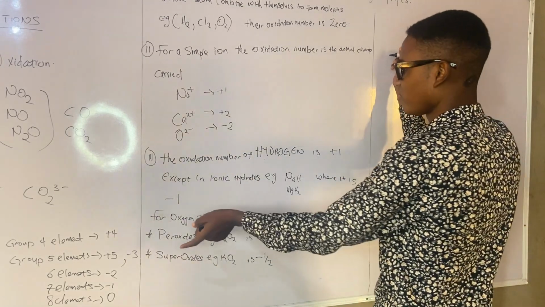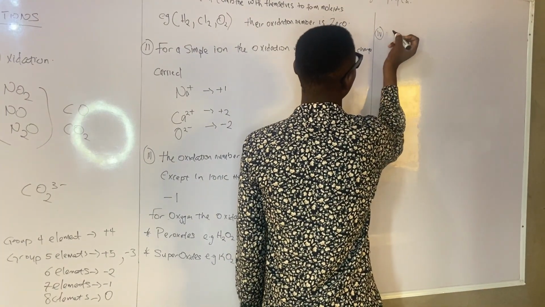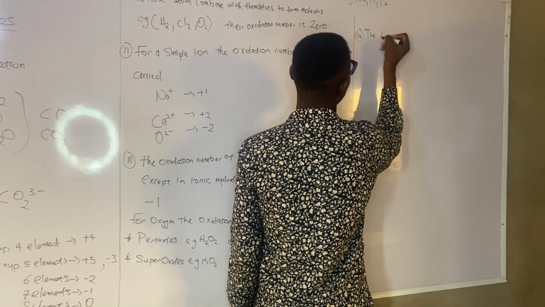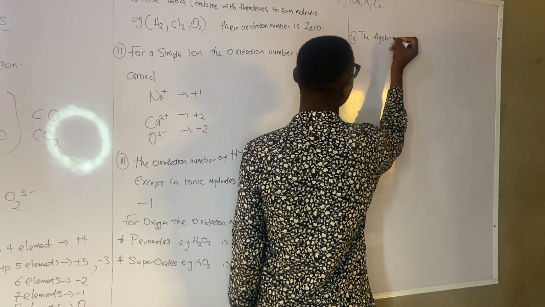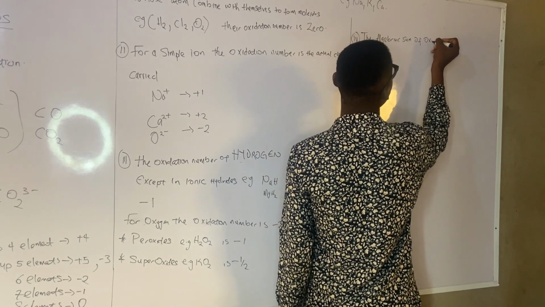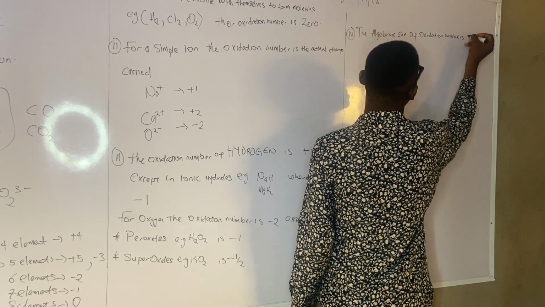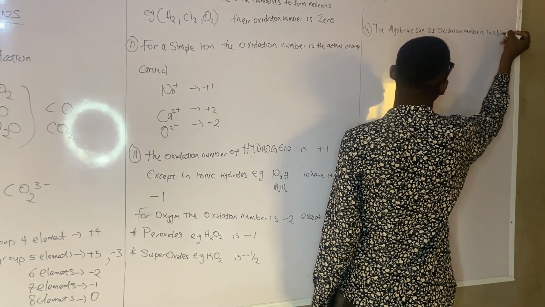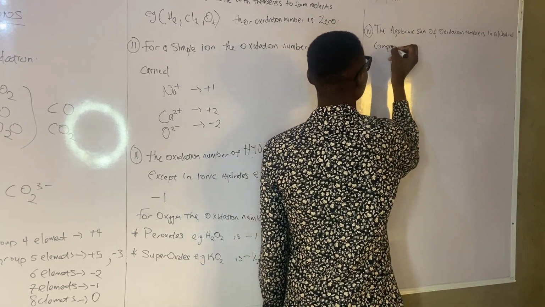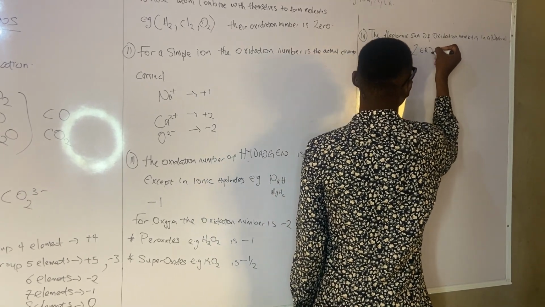So, rule 4: the algebraic sum of oxidation numbers in a neutral compound is 0.